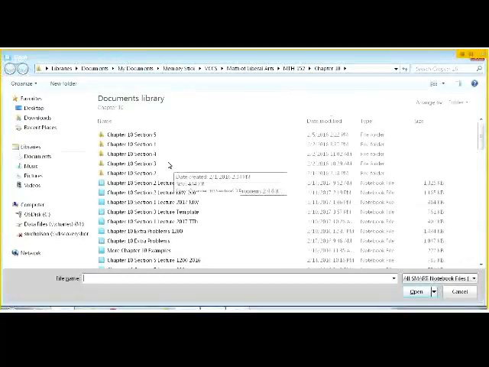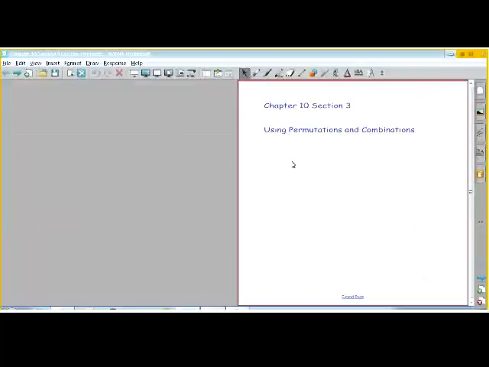Okay, so we're going to move on to the next section. Section 3 has the title Using Permutations and Combinations. You can solve these problems that we're going to look at just using the fundamental counting principle.